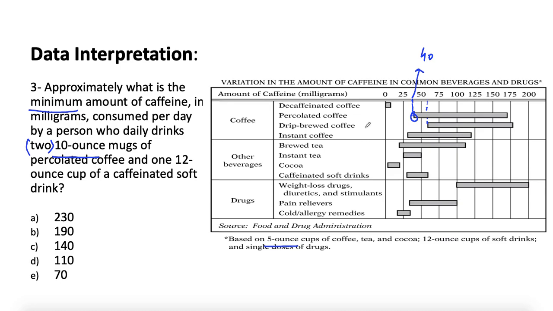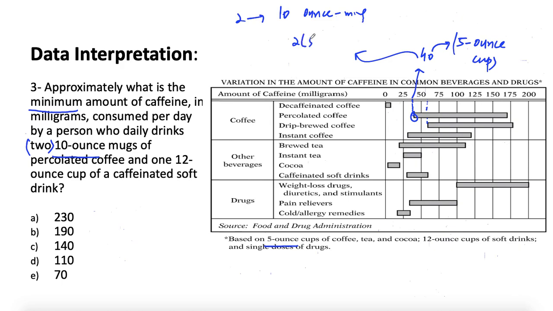And if this is 40 and this is for the 5-ounce cup, but the question asks for a 10-ounce mug, right? So in that scenario, if this is for the 5 ounce, what will be for the 10 ounce? That will be twice of this, and this is 40.